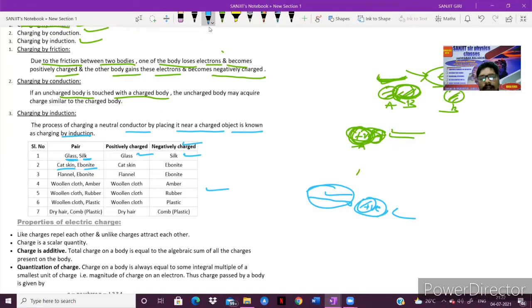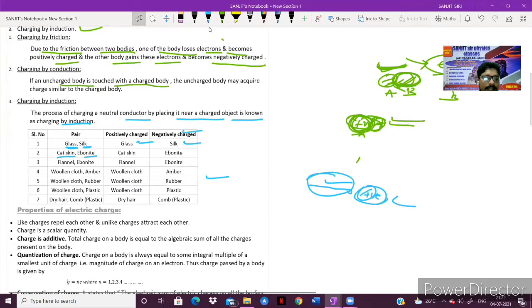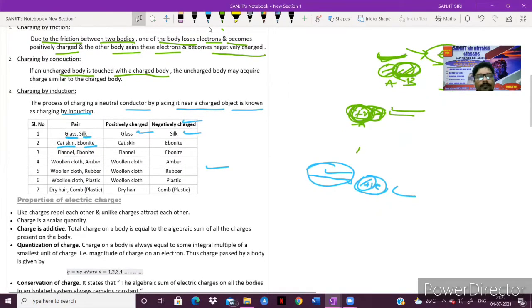And the next topic is properties of electric charge. The basic property: like charges repel each other and unlike charges attract each other.